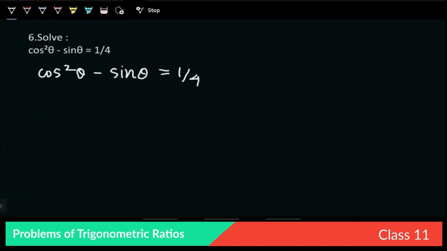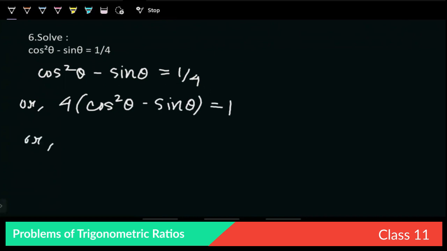In the first step, we will multiply this 4 into the left hand side. So we can write 4 into (cos square theta minus sine theta) equals 1.